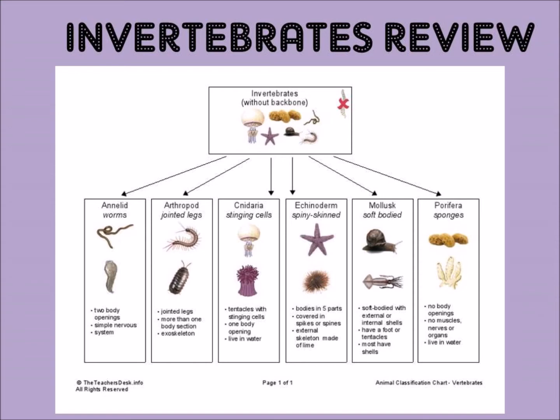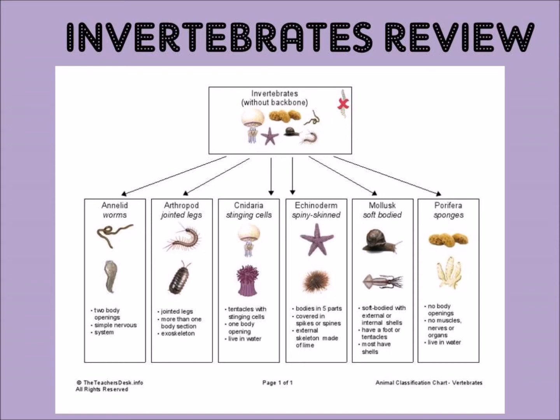Echinoderms. Starfish and sea urchins are examples of echinoderms. Sometimes the body of echinoderms is divided into 5 parts, and they are covered in spikes or spines. They have an external skeleton.